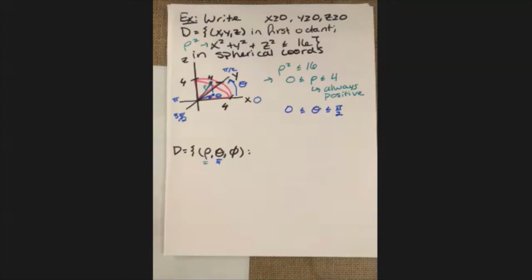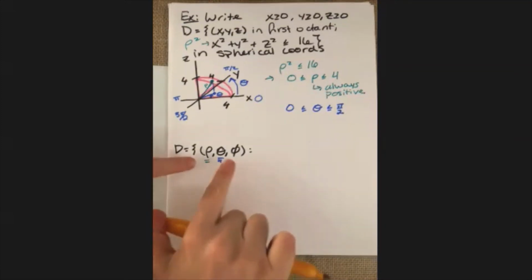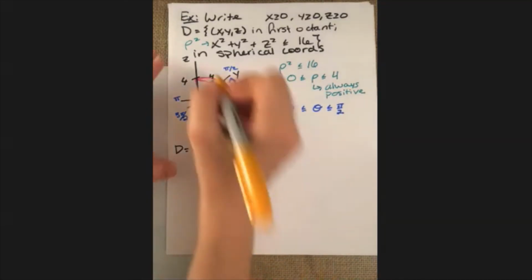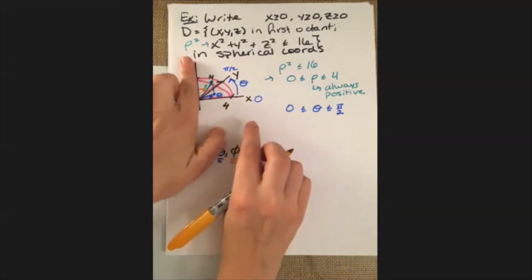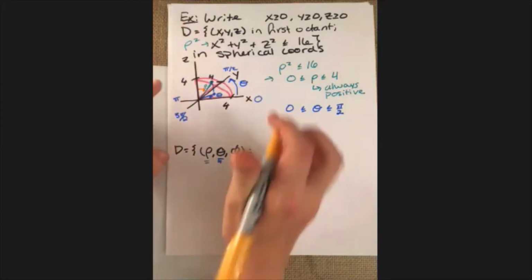Great. Now the trickier part is working with phi. Remember that phi is this angle right here. It's how much we allow this arm to swing up and down along the z-axis.